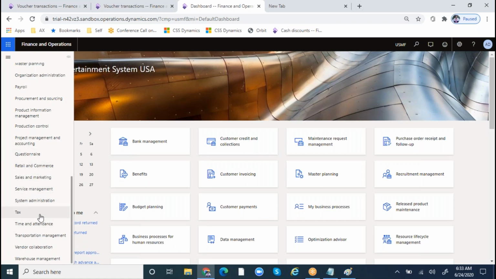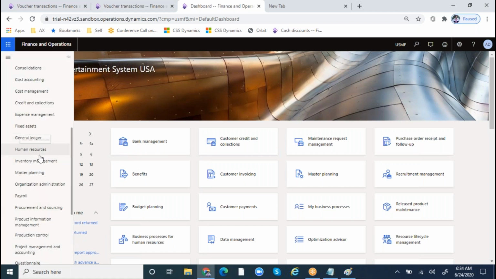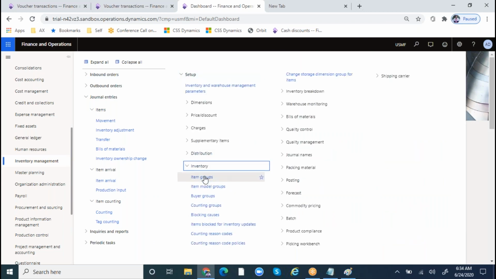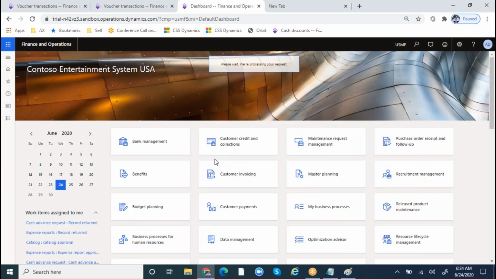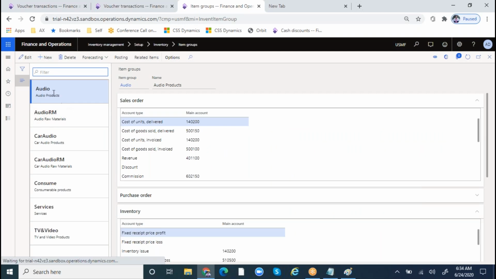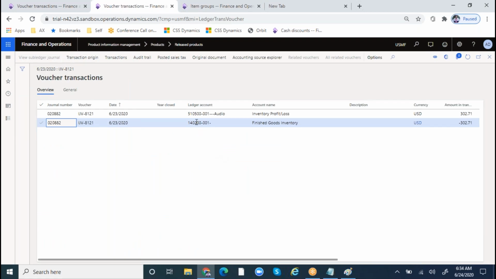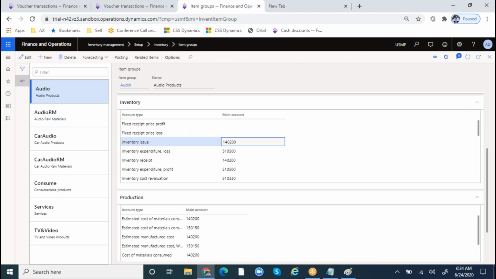Let me go to this once again: inventory management setup, item groups. I have shown from where it is posting the ledger accounts. For these two accounts, if you want to see the name, you can click on edit and see the name of this account.